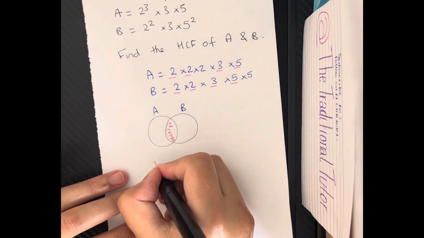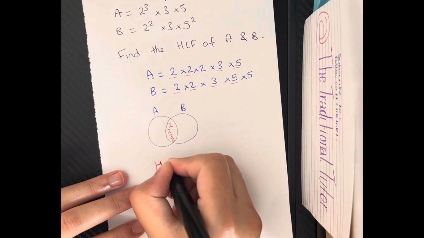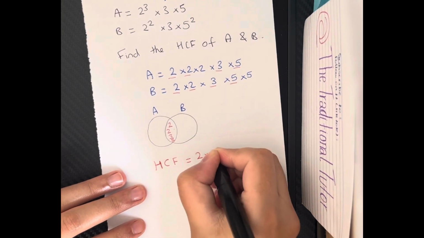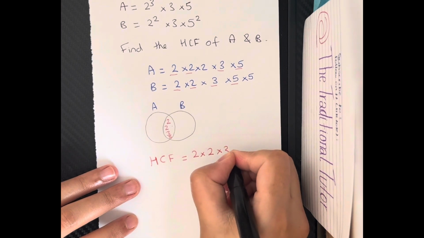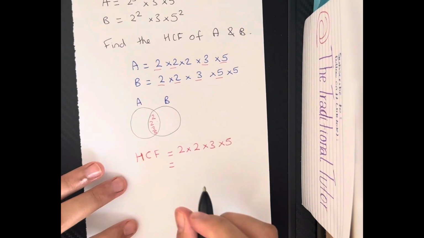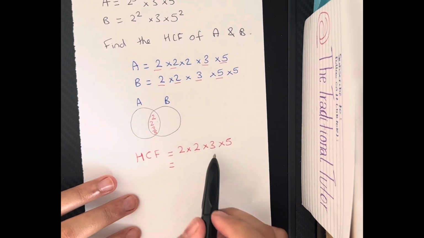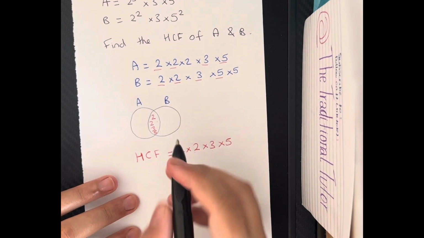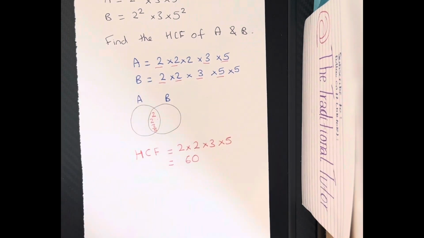So that means that the HCF is just 2 times 2 times 3 times 5. So that 2 times 2 is 4, times 3 gives us 12, and 12 times 5 gives us 60.